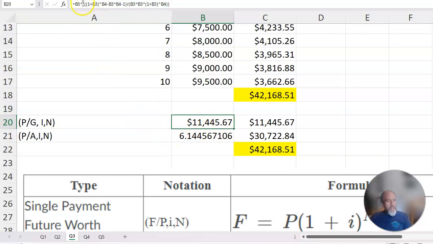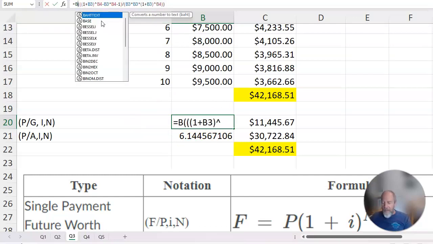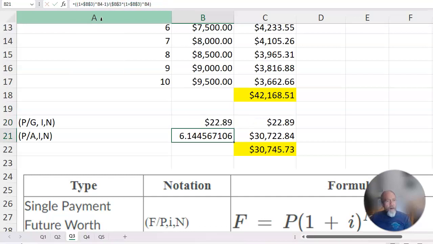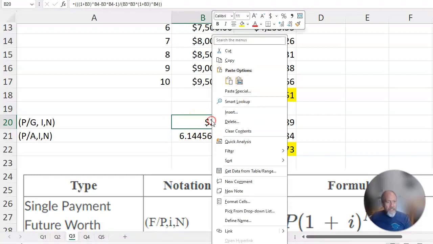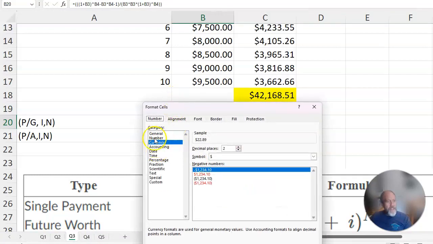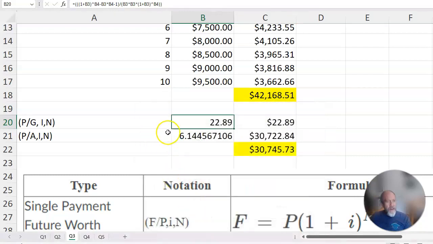Hang on here. I'll take this B5 out so you can actually see the factor. Okay, it's 22.89. It's not $22.89. So let me format that cell so it looks a little bit nicer as just a number. There you go.